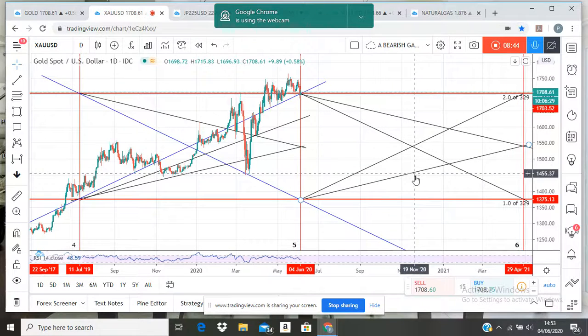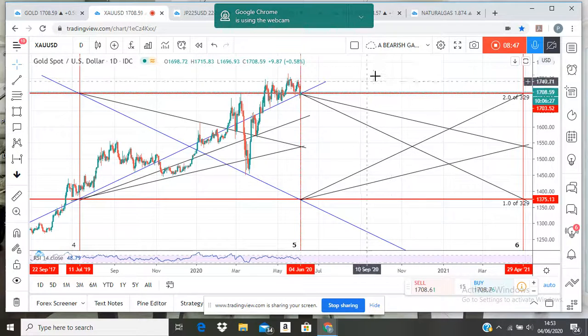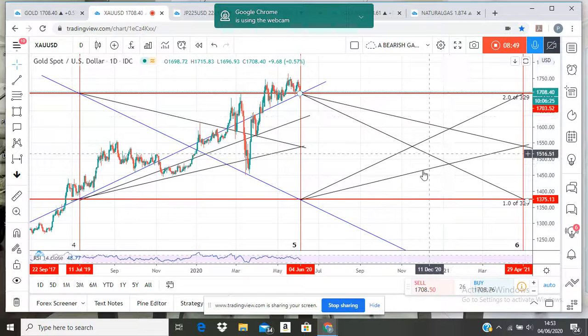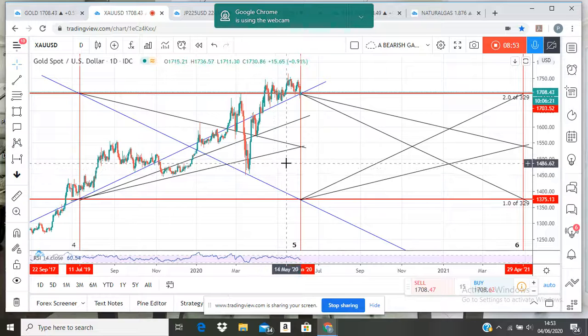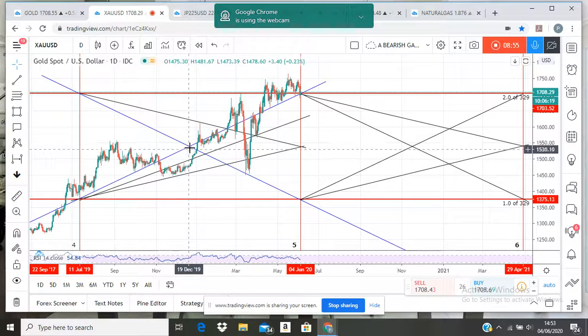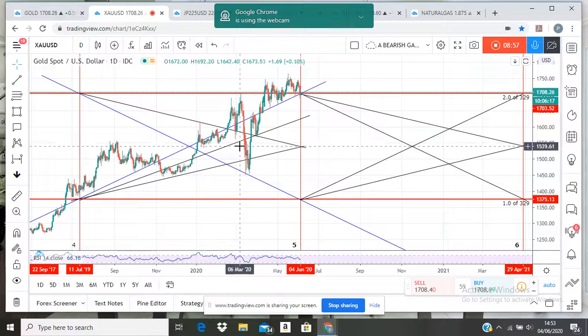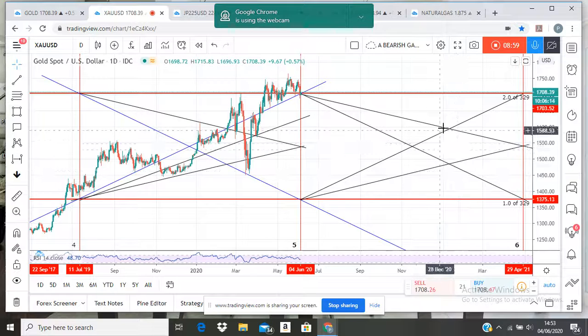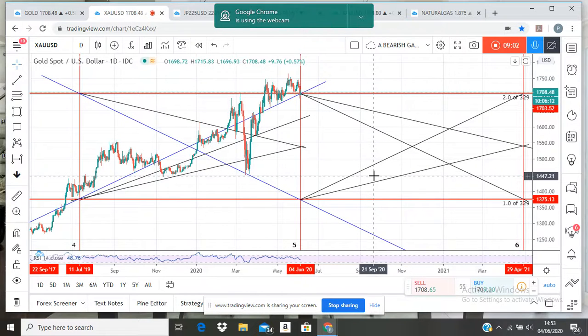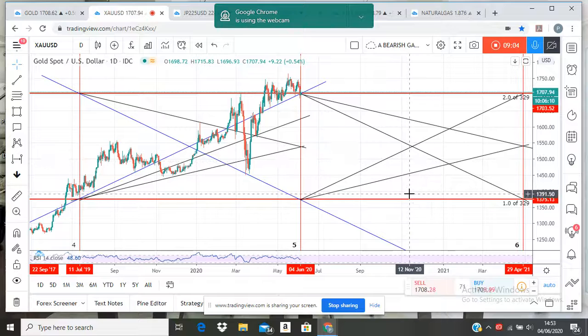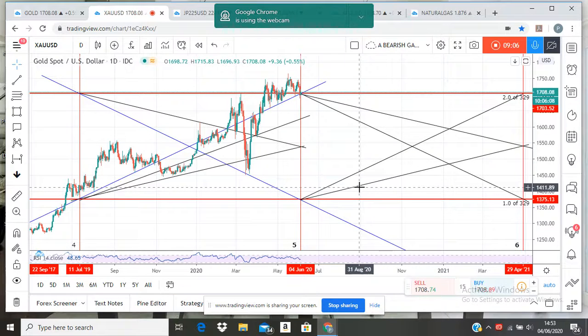Then as price trades either down or up, we can use the angles as our support and resistances. Here in the gold trend, we have the horizontal angles, but the 1 by 2 angles, 1 by 1 angles, and then the trend fans drawn in the square are very sure ways we can find our support and resistance.